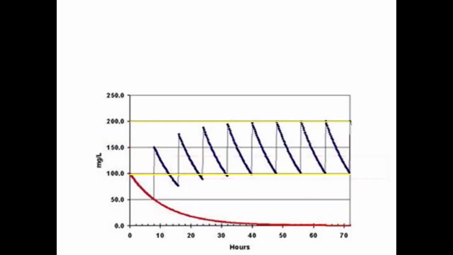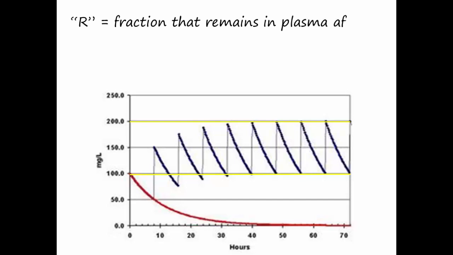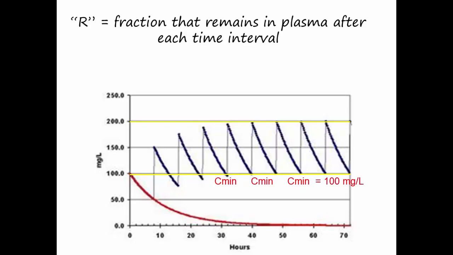Now another way of calculating the accumulation factor is by calculating the fraction that remains in plasma after each time interval, which we're going to call arbitrarily R. In this case, R would be the minimum concentration at the end of the interval, which is 100, divided by the maximum concentration at the beginning of the interval, which is 200.